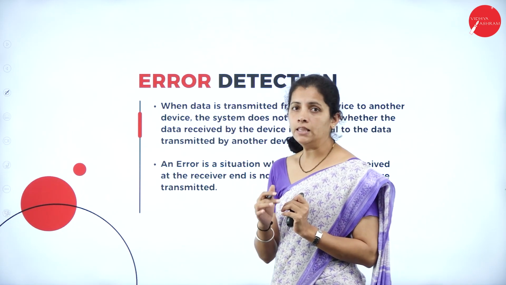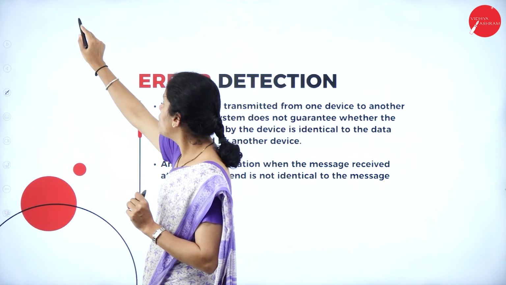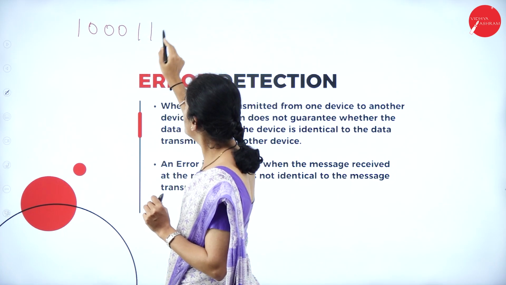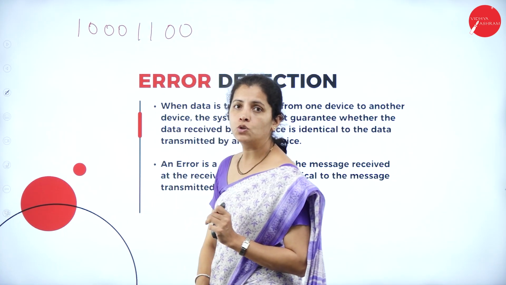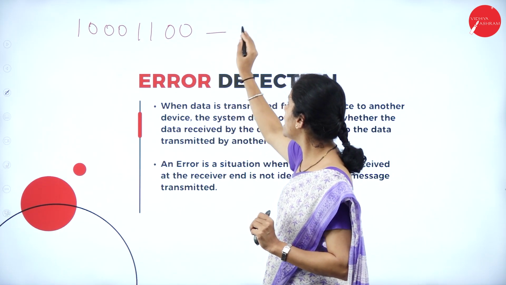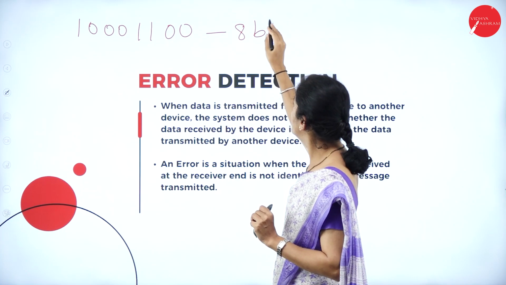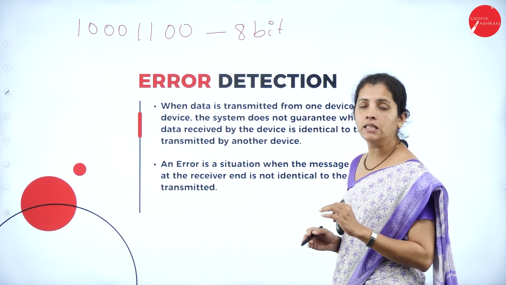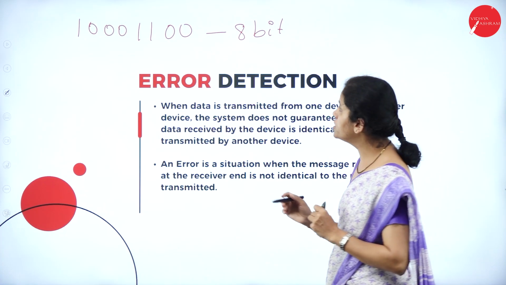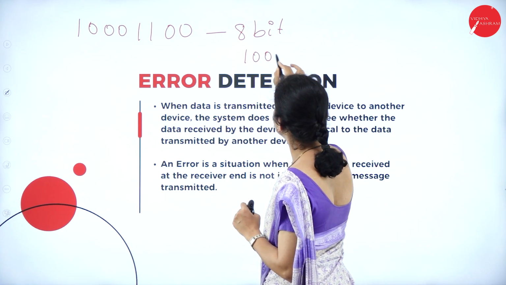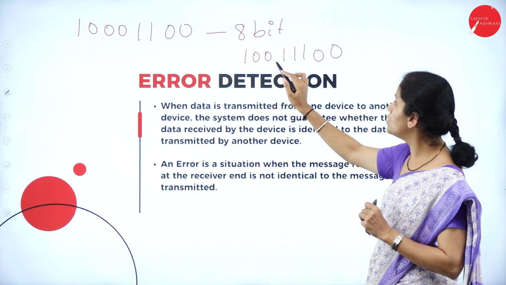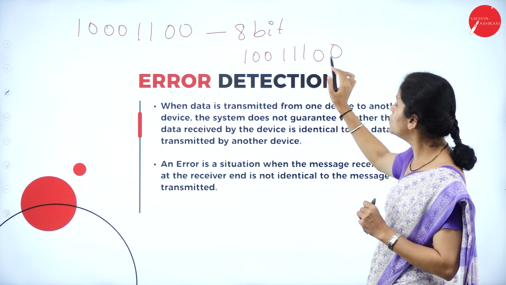Before that, think that I have the data 1 0 0 0 1 1 0 0. So what is the length of the data here? It is 8 bits. Now I'm going to send this data to the destination machine. In the destination machine, I'm going to receive 1 0 0 1 1 1 0 0.